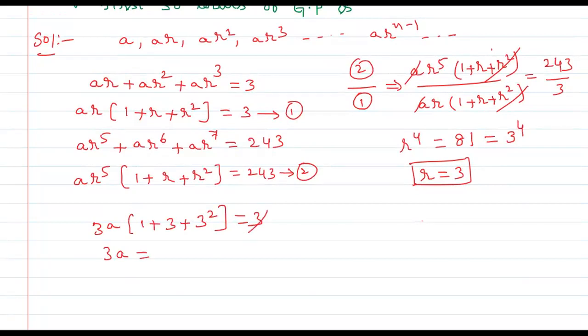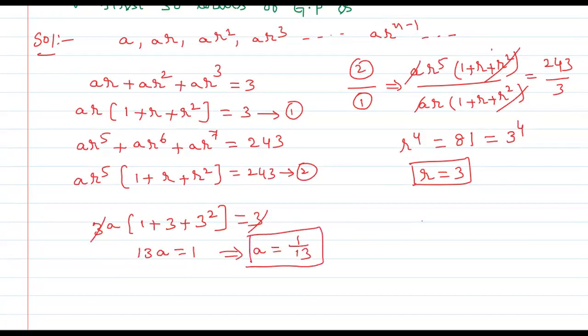Here 3 cancels. Then finally 1 plus 3 plus 3 square value is 13. 13A is equal to 1. Then A is equal to 1 by 13.